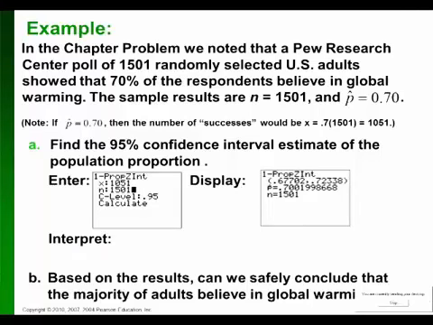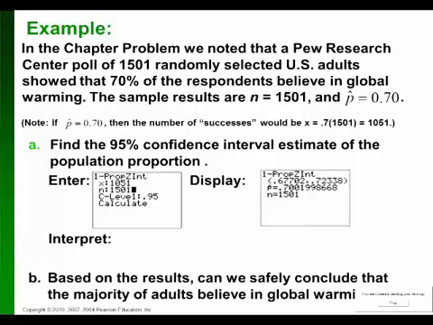Now, when you go to 1-PropZInt, or 1 proportion z interval, the calculator is going to ask you for 3 things. X is the number of successes. Remember, this is a binomial distribution. Only 2 possible outcomes when you ask someone, do you believe in global warming? Either yes, they do, or no, they don't. And in this sample, 70% said yes, we do, and 30% said no, we don't.